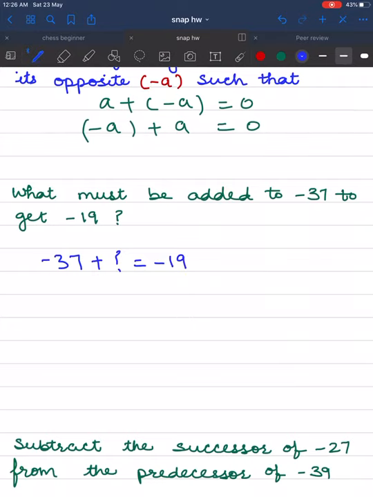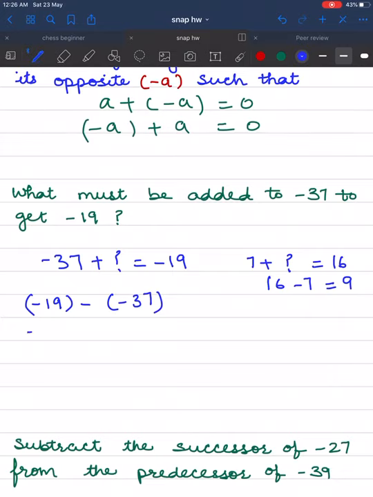Now we can understand this question by taking a simple example. What should be added to 7 to get 16? So you know it's 9. So how do we get that 9? It is 16 minus 7 equal to 9. Similarly here, from minus 19 we have to subtract minus 37.